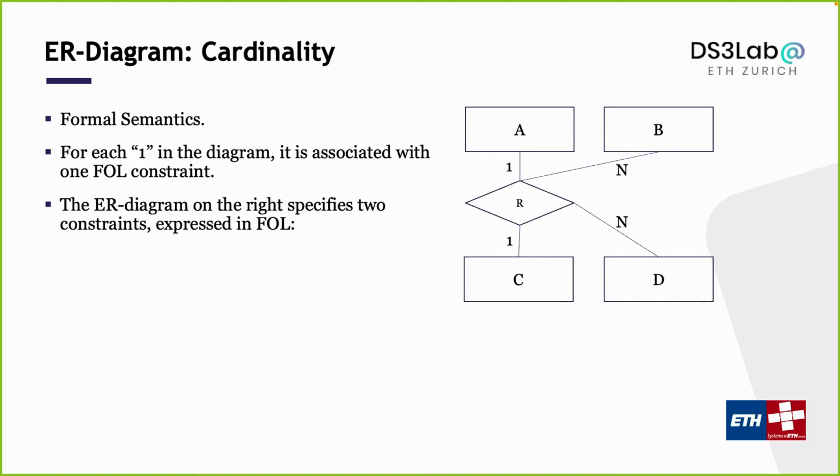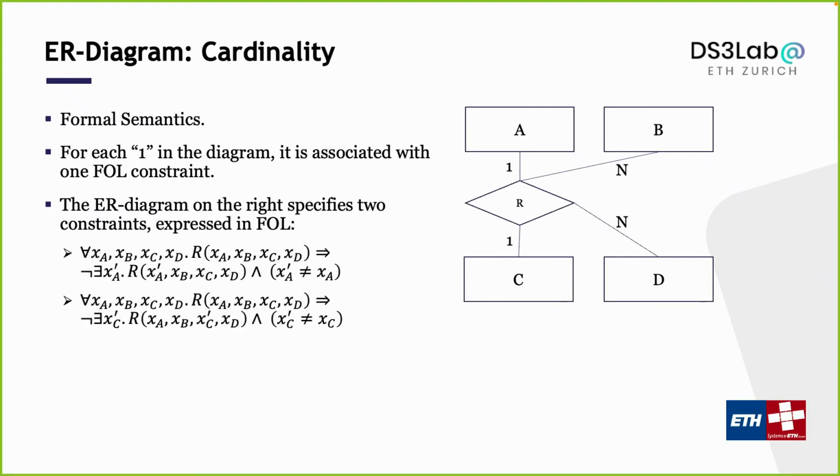The way to think about it is to go back to the formal definition. Essentially, for every single edge with a label 1, it means that if I know the rest of the entity sets, I can uniquely determine a single value of that entity set.